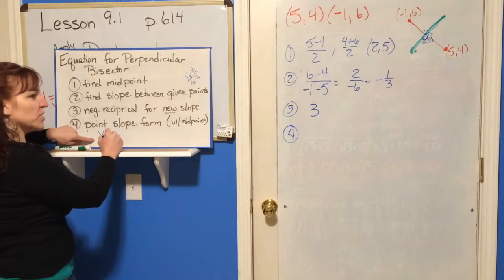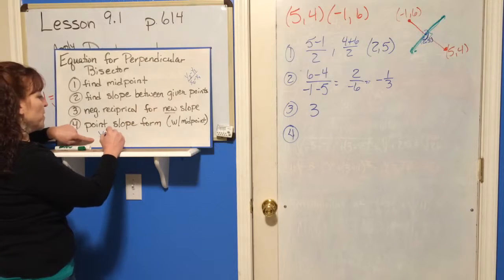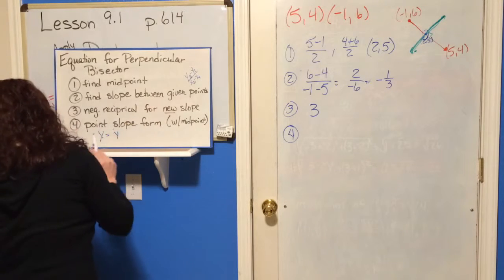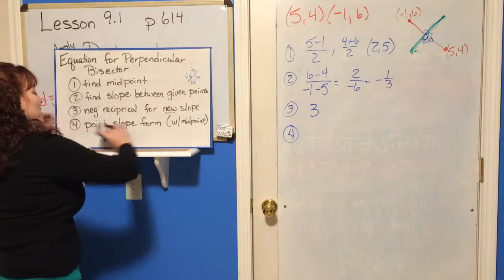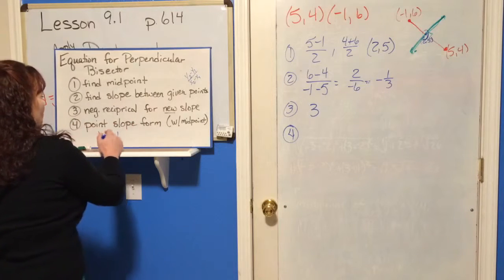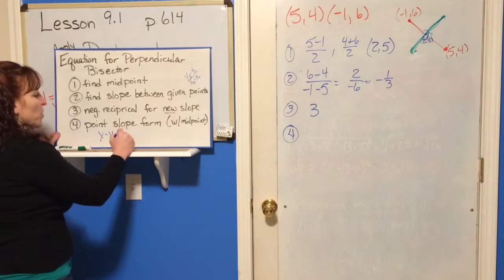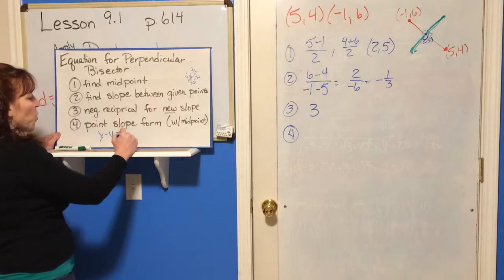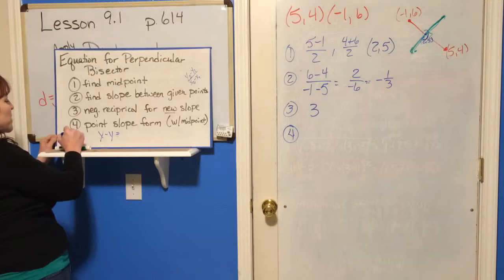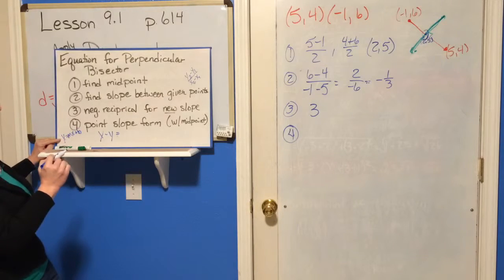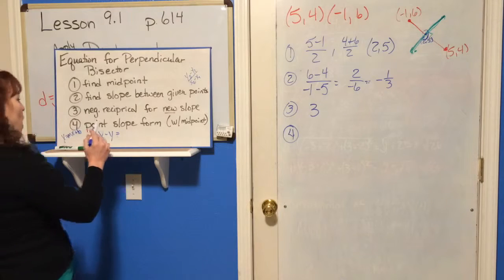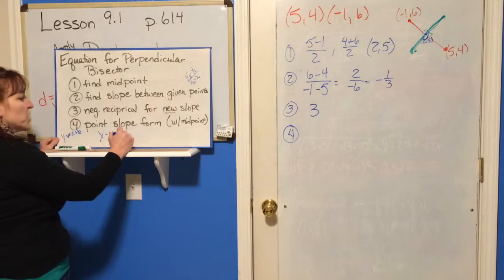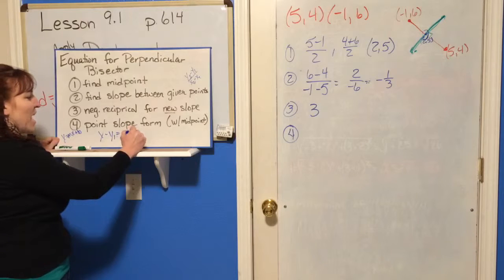Because we use our slope, y1, no, it's y minus y1, not just the y. Y minus y1 equals slope, m, times x minus x1. So y equals mx plus b is the slope-intercept form, but we don't have that point. So it's going to be y minus y1 equals the slope times x minus x1.